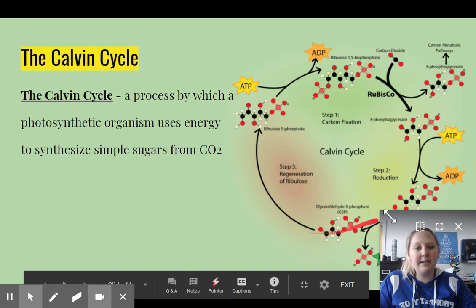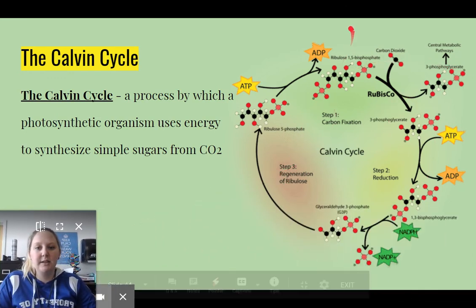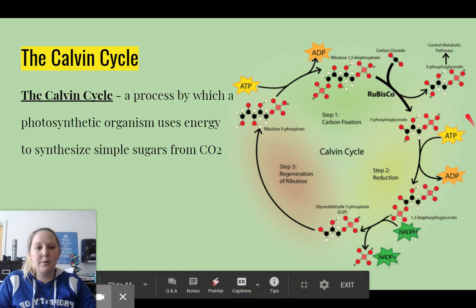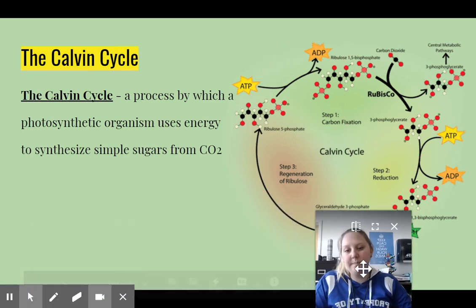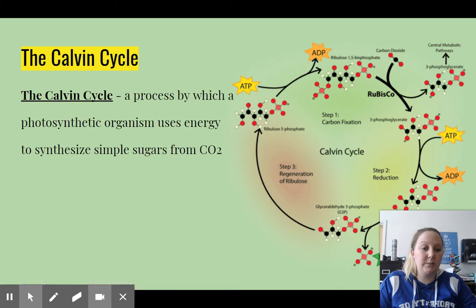This is the Calvin cycle. So it's a series of chemical reactions that use ATP to make ADP because we need energy in passing hydrogens along. And it's the process by which a photosynthetic organism uses energy to create simple sugars.